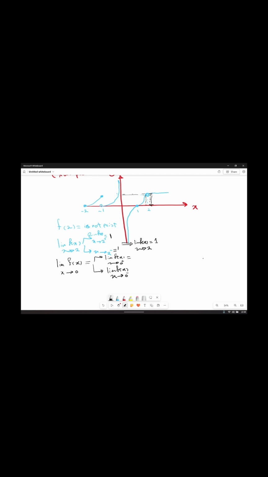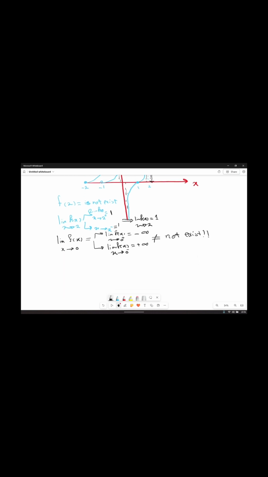From 0 plus, guys, you can understand it goes to minus infinity, and on the negative side it is positive infinity, and therefore totally it does not exist. Yes? Okay.